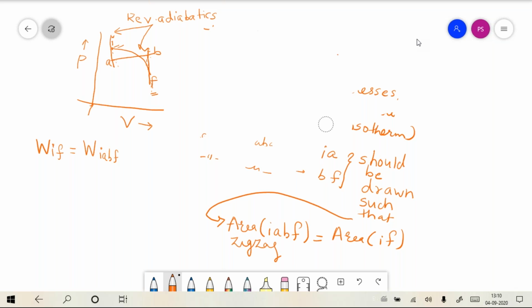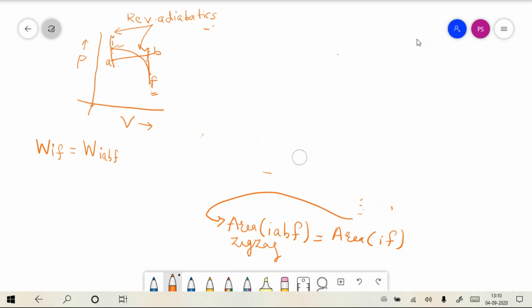So let me choose another color. Right, so let us apply the first law of thermodynamics to the reversible process I2F. What is the mathematical statement of the first law of thermodynamics?